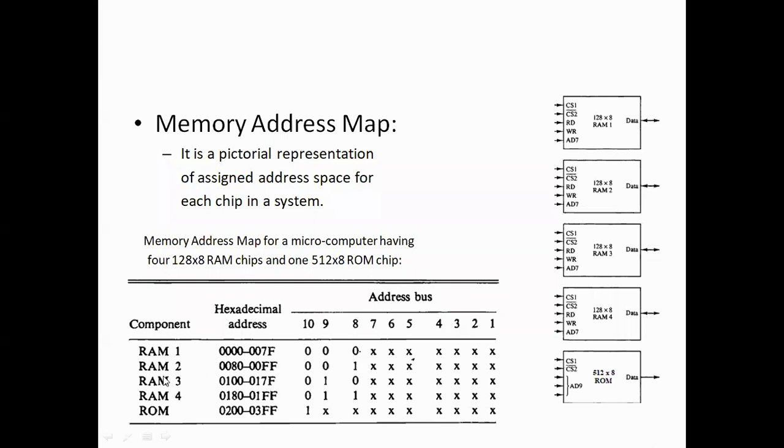Now we have calculated the address lines for all these RAMs and ROM. If we want to simplify it and see the range, we can convert all this into hexadecimal and also mention the range there.